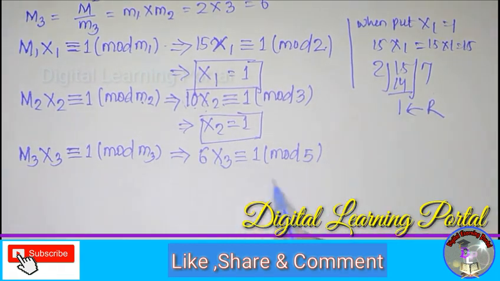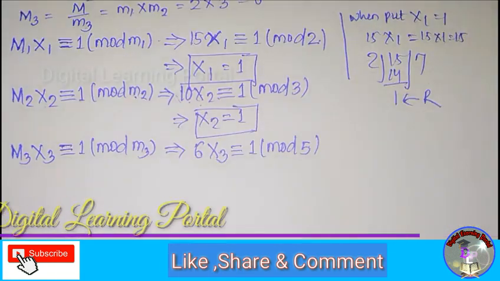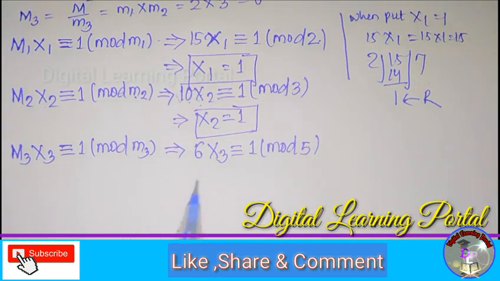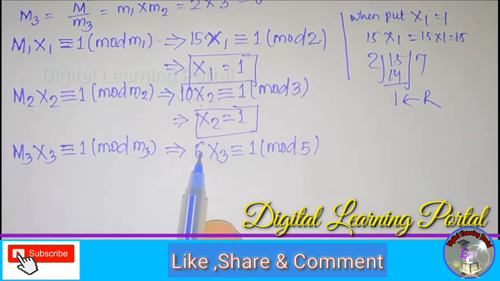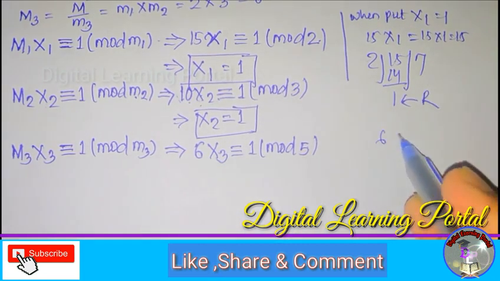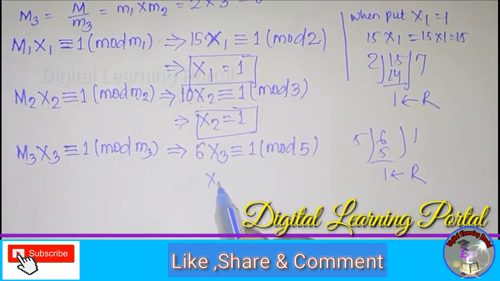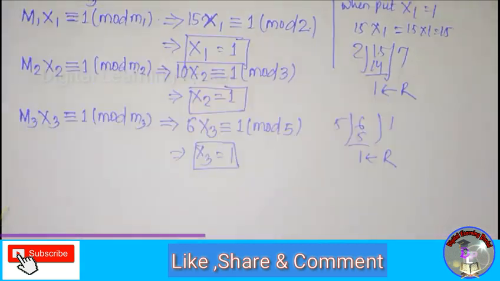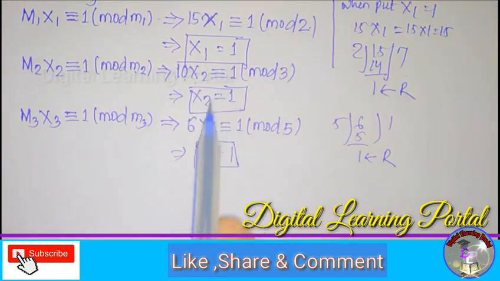So that expression indicates that when we put the value of x3 equal to 1, this expression will be 6. 6 into 1 is equal to 6, and when we divide 6 by 5, 5 ones are 5, we also get remainder equal to 1. So here x3 is also equal to 1. Here we have x1 equal to 1, x2 equal to 1, and x3 equal to 1.